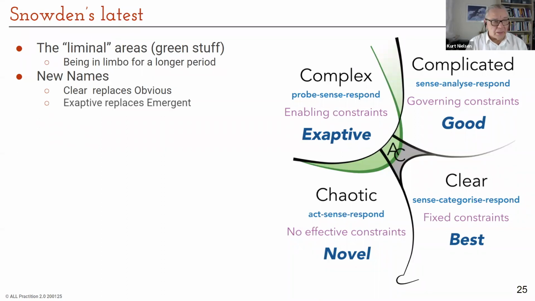And emergent has been replaced with a real Snowden word, exceptive, which I have no clue what means, apart from in evolutionary biology, where it means one feature that is being developed and actually seems to be able to be used for something else. In a way that makes sense, it's just a very odd word to have to teach people outside academic circles in English-speaking countries.